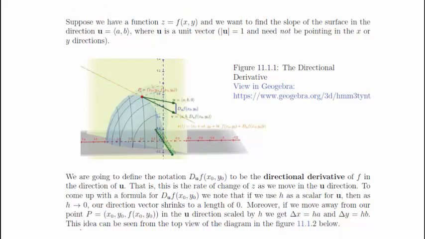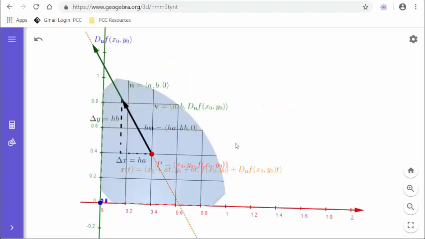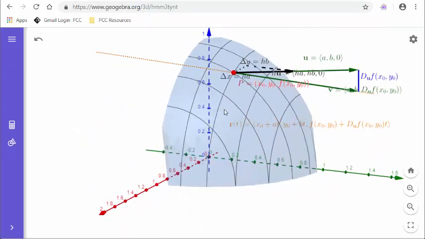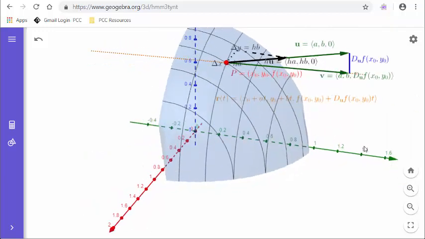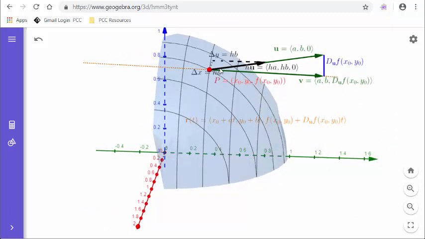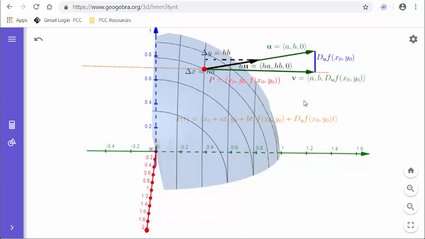So as we do that, let's look back at the picture again real quick. If we look at this, this is my change in z in the u direction. So this is a change in z if we're moving an entire length of 1 in the u direction.